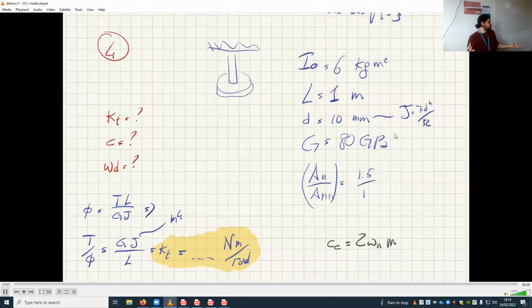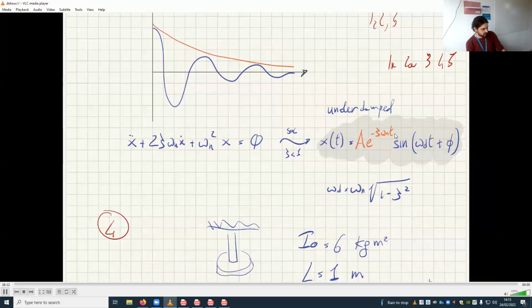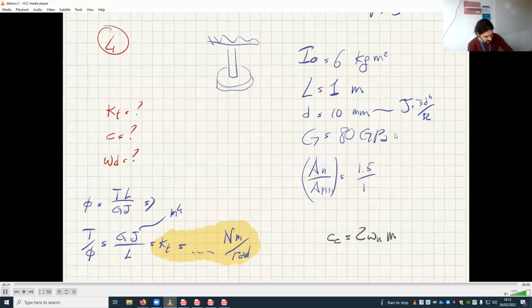This J that I called J is in reality Io. Generally it's a polar moment of inertia, so we call it J as well. But in this case, we have a clash of notation, so let's call it Io. This Io is the mass in this equation here, the mass that goes in front of the acceleration. So this is not the mass, it is the rotational equivalent of the mass, which in our case is Io.